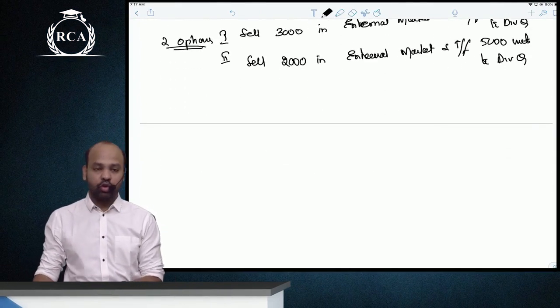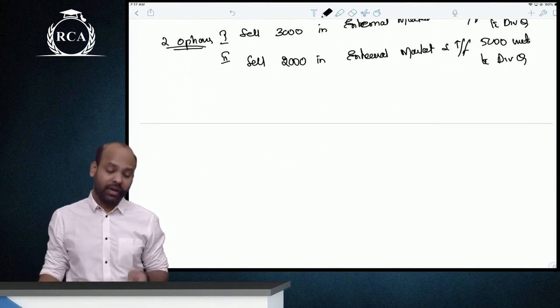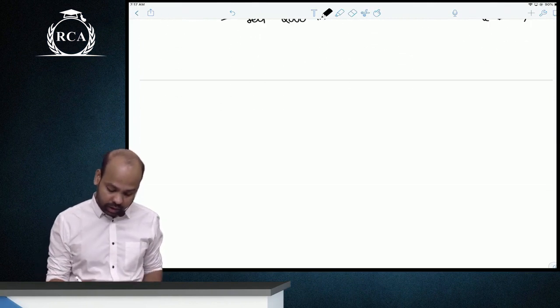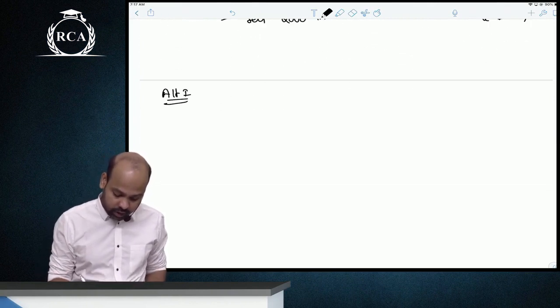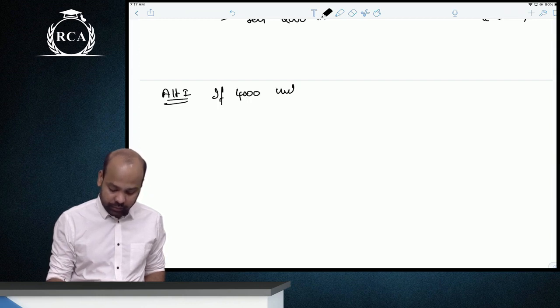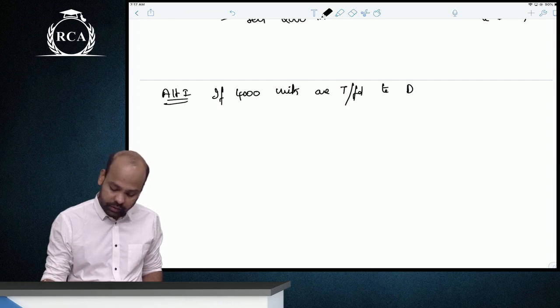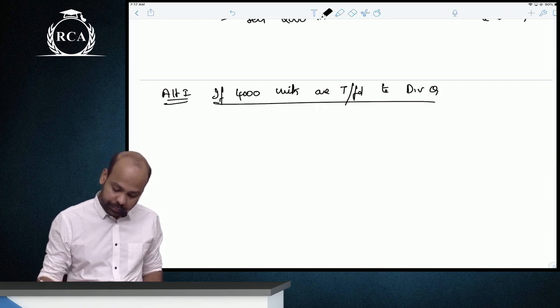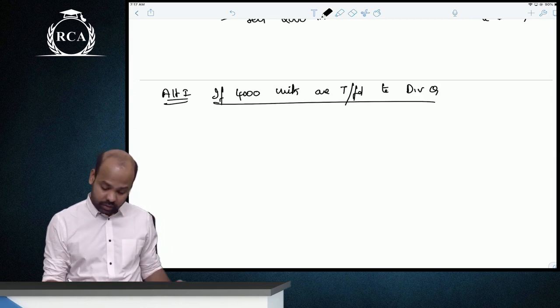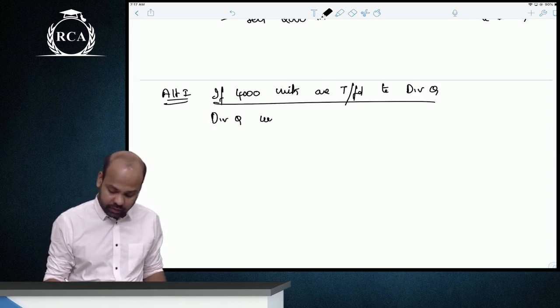Now I just have to know better as to what would be the transfer price in case I transfer, guys. Whatever alternative one, if 4,000 units are transferred, we will present the revenues, guys. Don't worry. 4,000 units are transferred to division Q. Do not forget, guys, division Q will have to purchase 1,000 units from the external market.